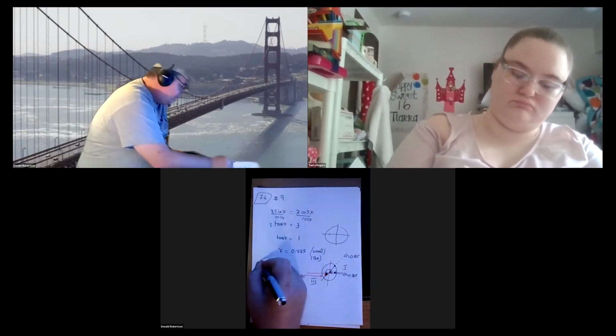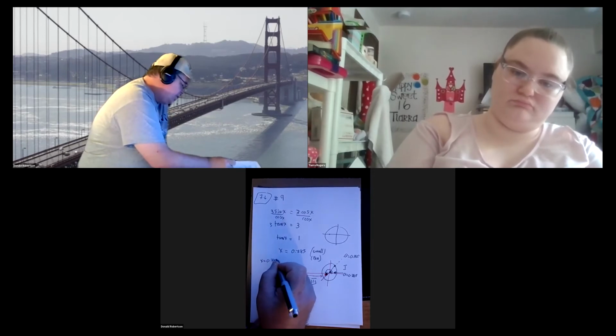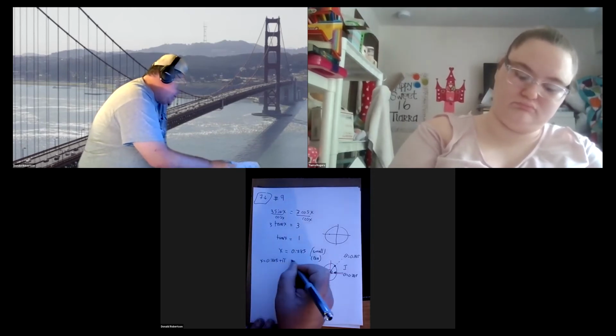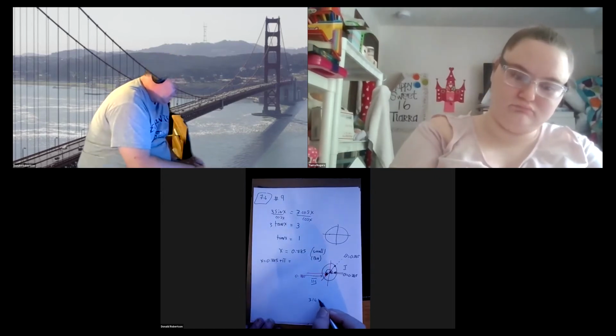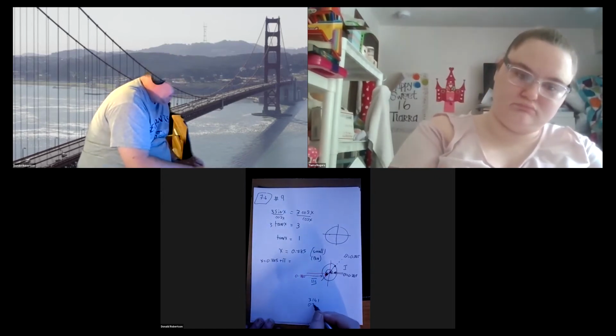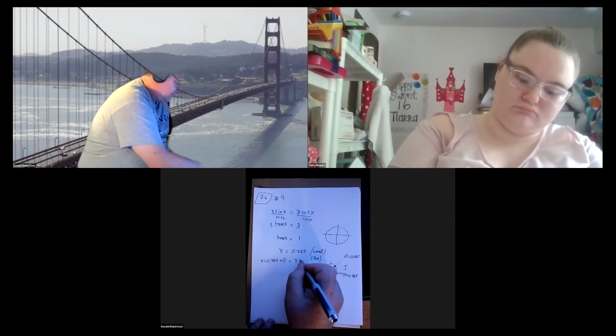So my second answer is a reference angle 0.785 plus pi, and that comes out as, I don't know, 3.141, 0.78562. About 3.92. At least that's what my brain is telling me.